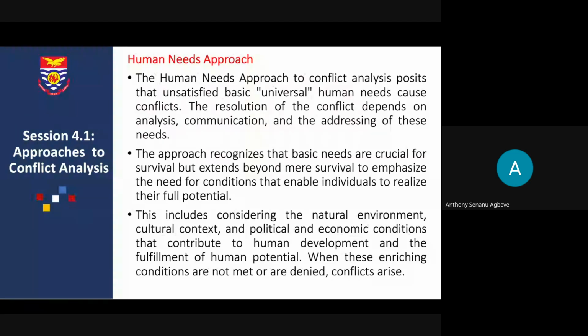So when you are using this approach, you want to be interested in the needs of the people. What is it that the people do not have or that is missing, that is creating this chaos or conflict within the community, right?